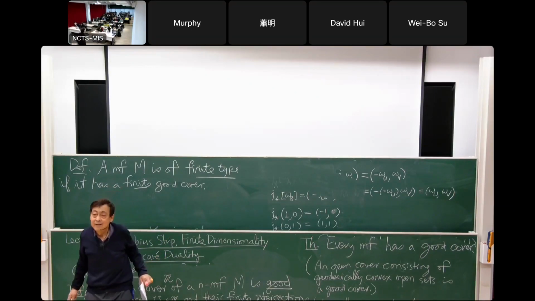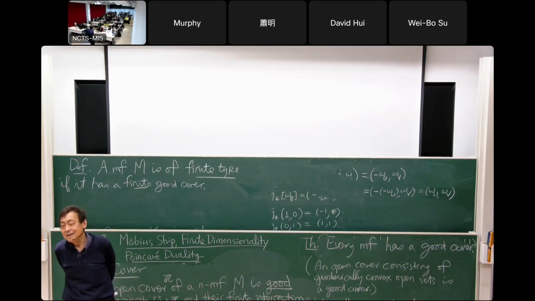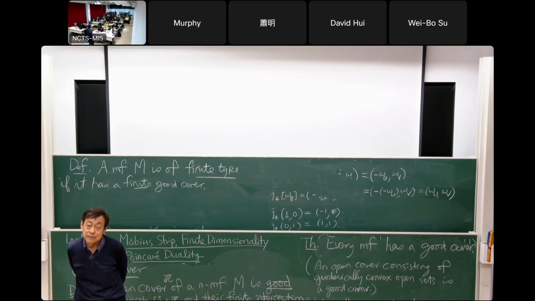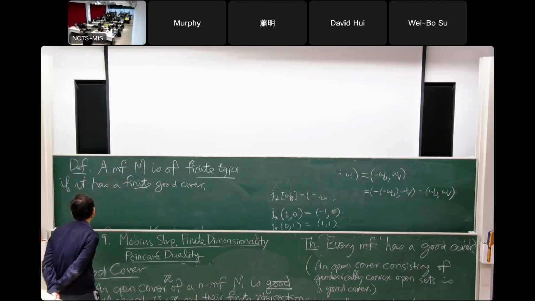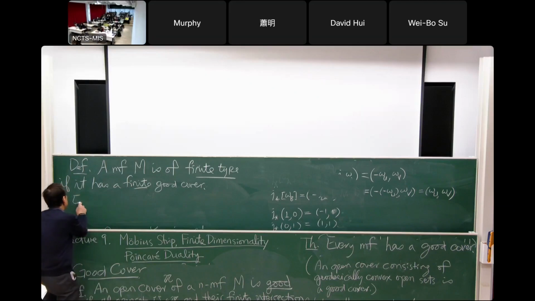A very large class of manifolds are of finite type. What are they? Compact manifolds, right? Because if you have a good cover and it's compact, then there's a finite subcover, and it's also good. So being of finite type generalizes compactness.